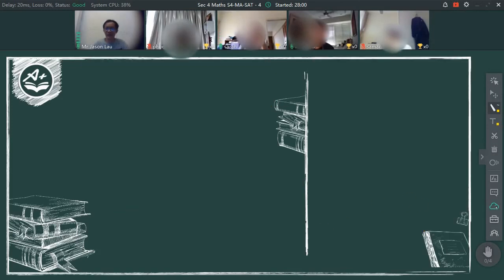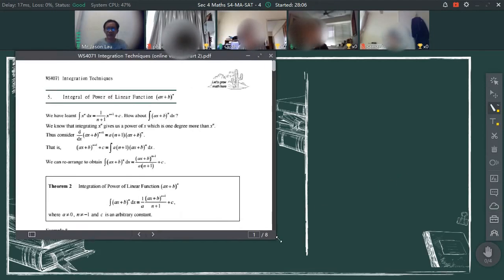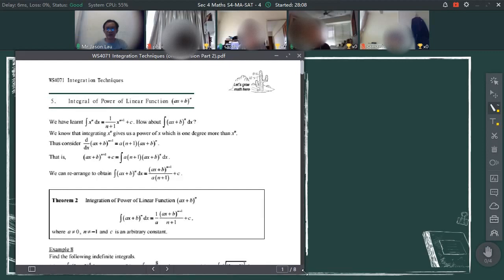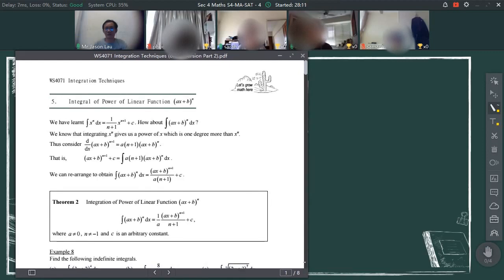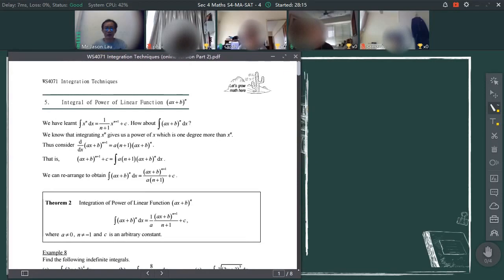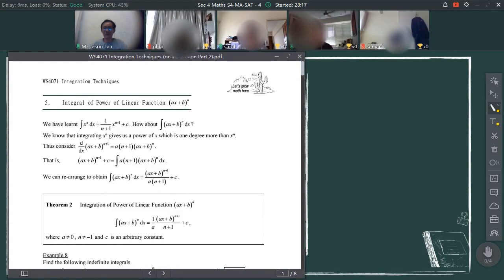Next part we are going to do is part 2. Then there is part 3, then part 4. So part 2, we are building up our integration skill. Integration is not easy in general, so we are building up to this algebra, this sort of function.